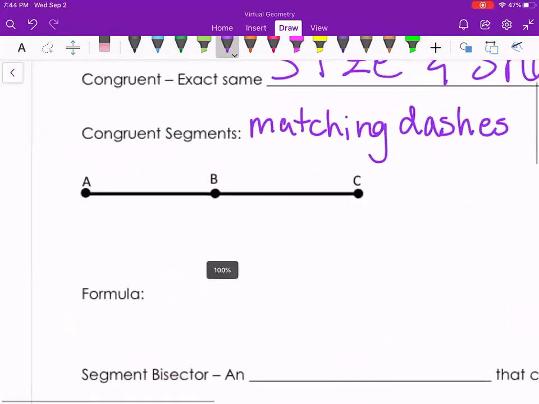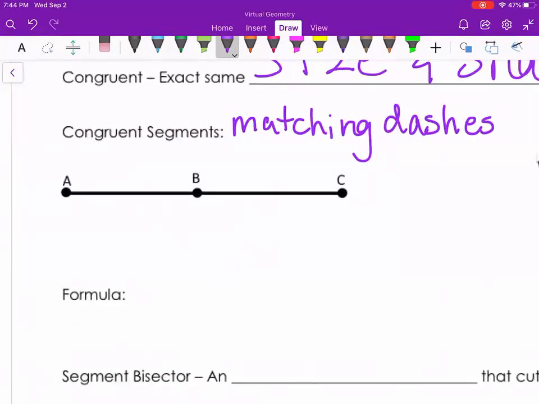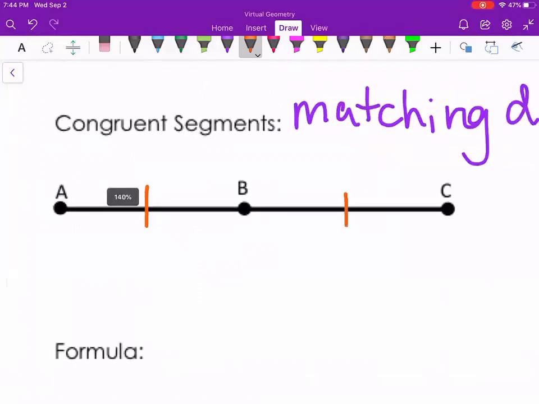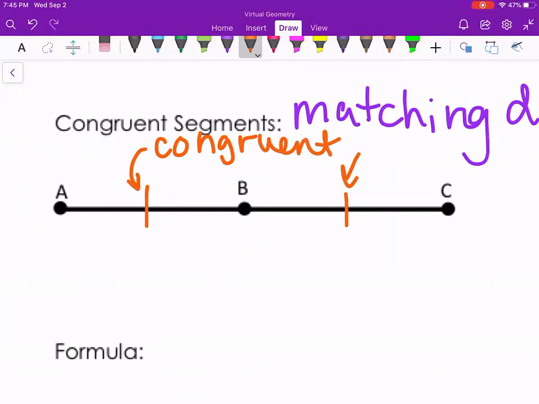So if I'm looking at this first segment, if B is going to be the middle, making two congruent segments, then either side of B would have one dash. So again, those are our congruent marks. Our little dash here and our little dash there, they match. One dash and one dash, so A to B is going to be congruent to B to C.